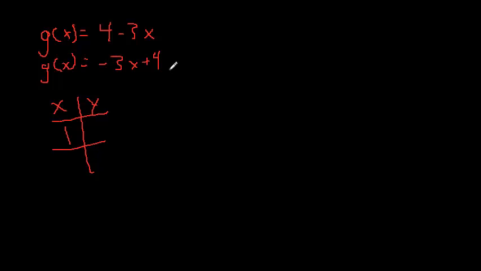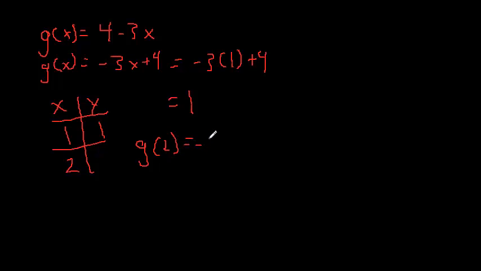Plugging in 1 for x gives us -3 times 1 plus 4, which is just -3 plus 4, or 1. So we have the point 1, 1. From there we can plug in, say, 2. If I plug in 2, g of 2 is -3 times 2 plus 4, or -6 plus 4, and we're left with a -2.